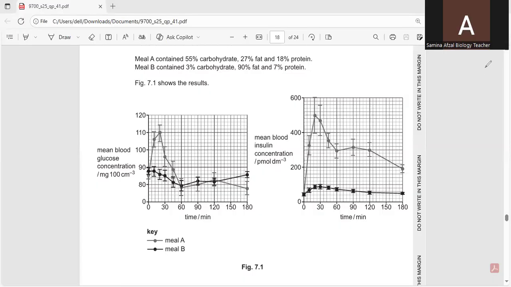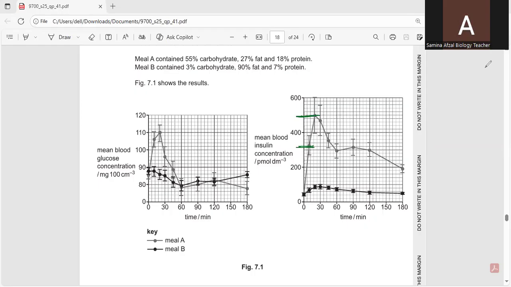In the second graph you can see the mean blood insulin concentration. In normal condition at zero, it was approximately 300, and then it reached up to 500.